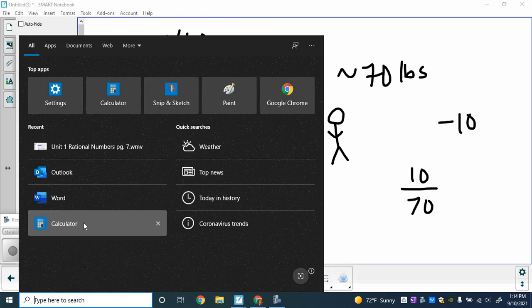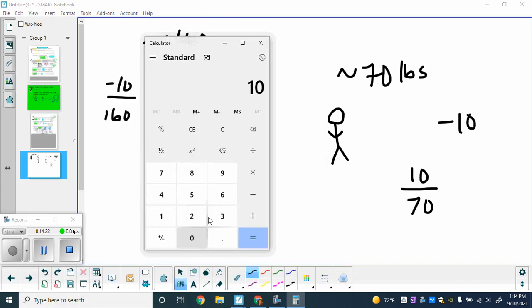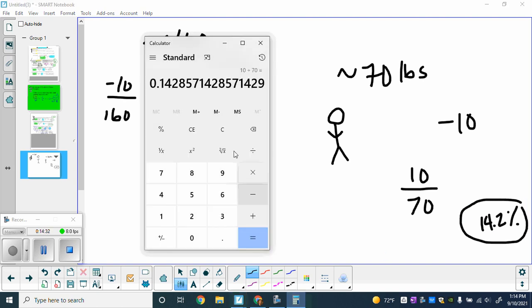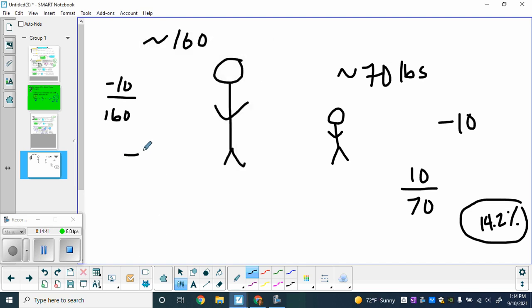So let's just, again, with my calculator, compare the kid, who lost 14.2%, which is kind of a lot, especially at such a young age. And then the adult lost 10 out of 160. So the adult loses 6.25%. See, it's not as much.